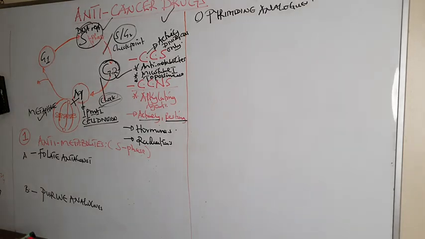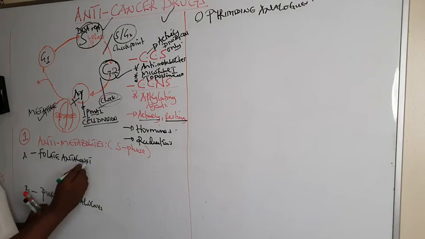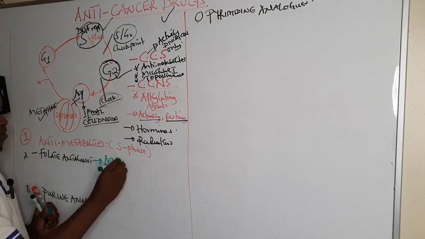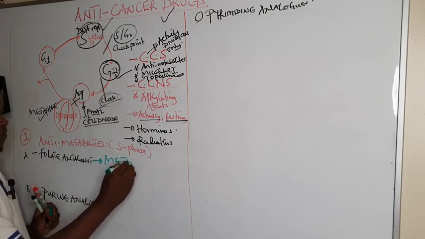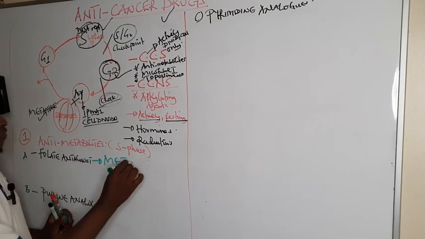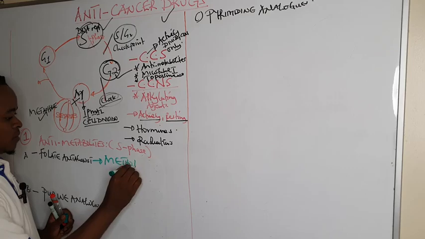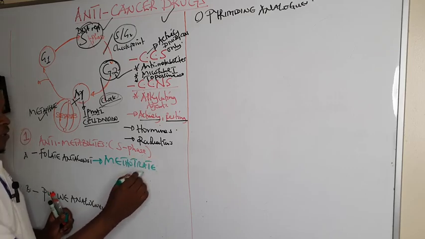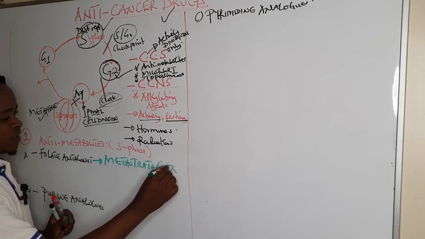With the folate antagonists, the peculiar example is methotrexate, which we can abbreviate as MTX.